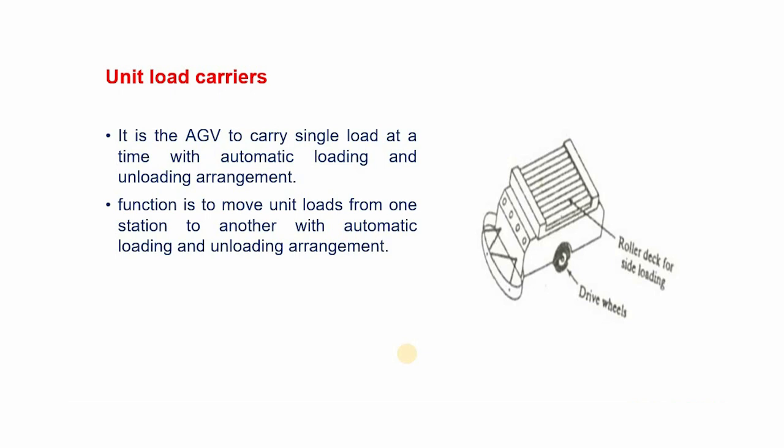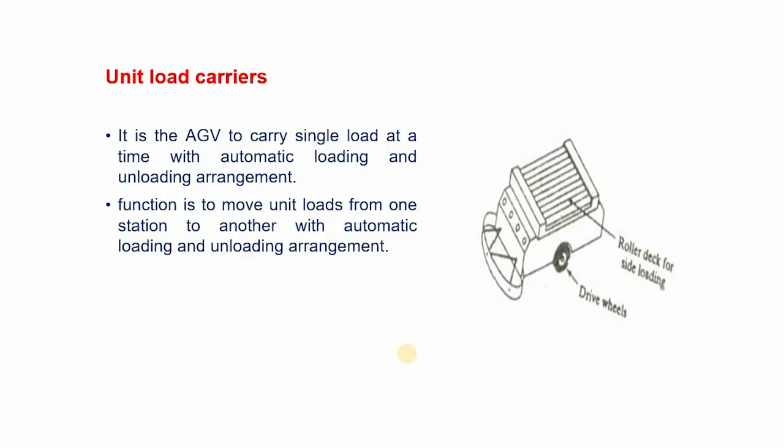Unit load carriers. The unit load carriers carry a single load at a time with an automatic loading and unloading arrangement. The unit load carrier carries a single bulk load, and the automatic loading and unloading arrangement is inbuilt with the unit load carriers. Its function is to move unit loads from one station to another station with automatic loading and unloading arrangement.